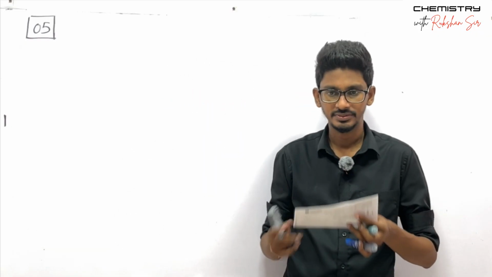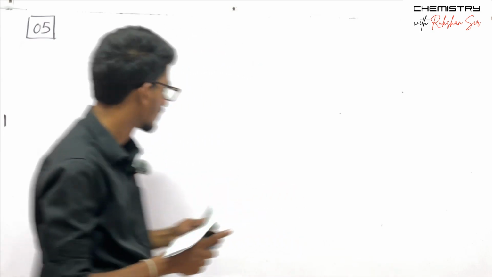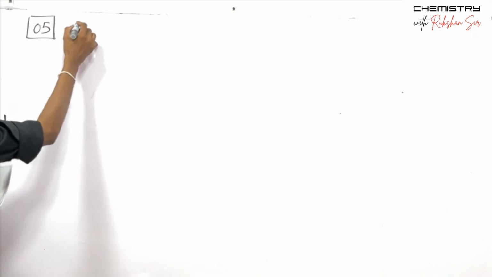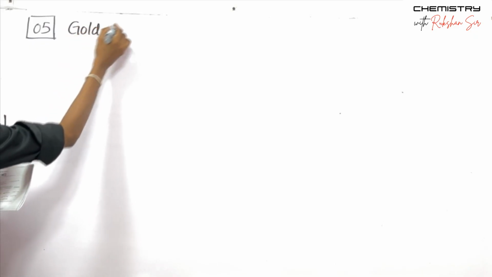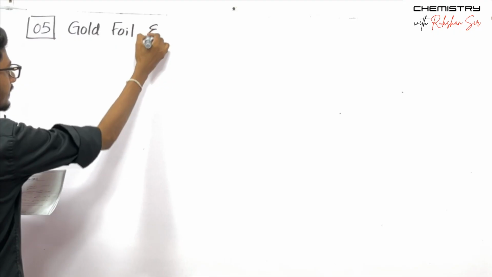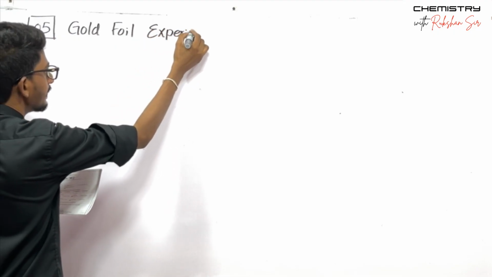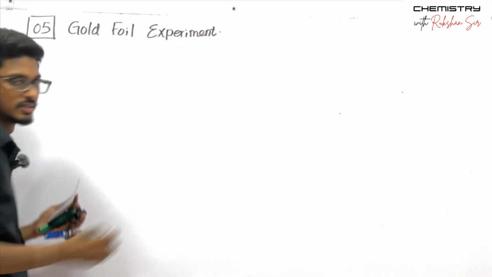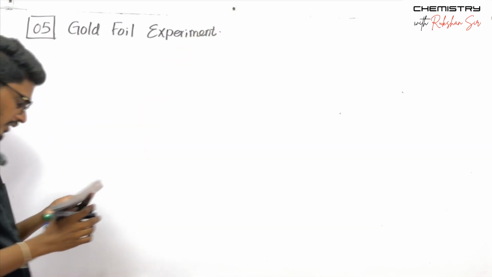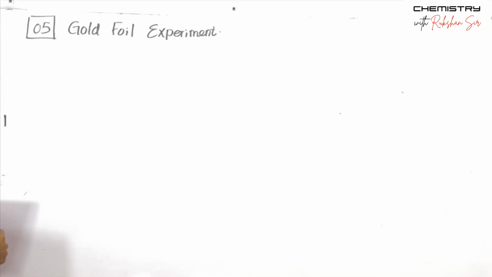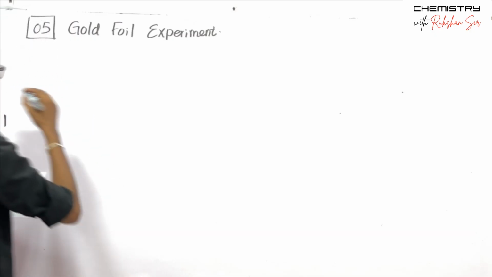The gold leaf experiment done by Rutherford using alpha particles explains that: A. The atom consists of electrons. See, this is all about the gold foil experiment. The atom consists of electrons. No, it is not proven by the gold foil experiment, right?